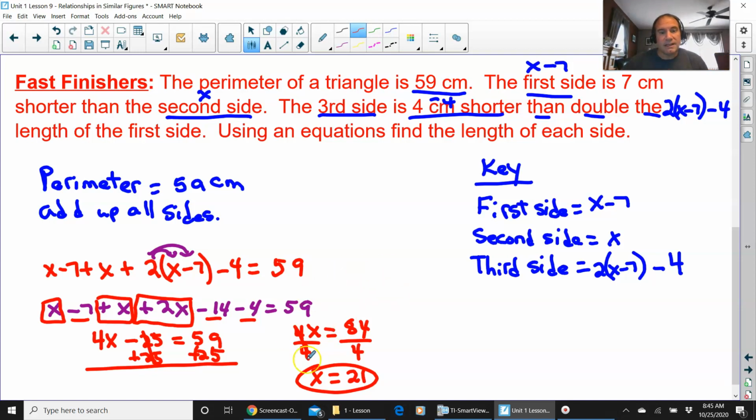So now we're going to take this 21 and find the length of each side. It is 21 minus 7. That is 14. First side is 14. The second side is 21.